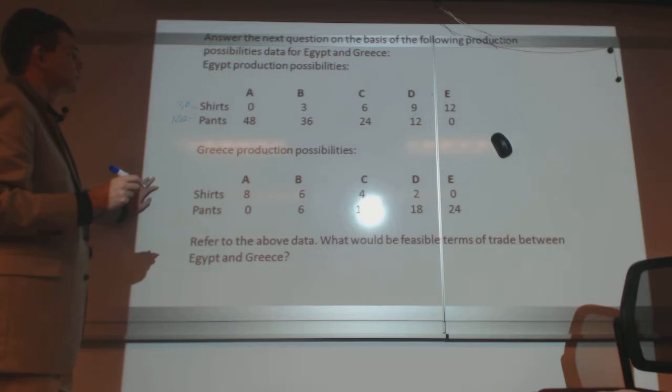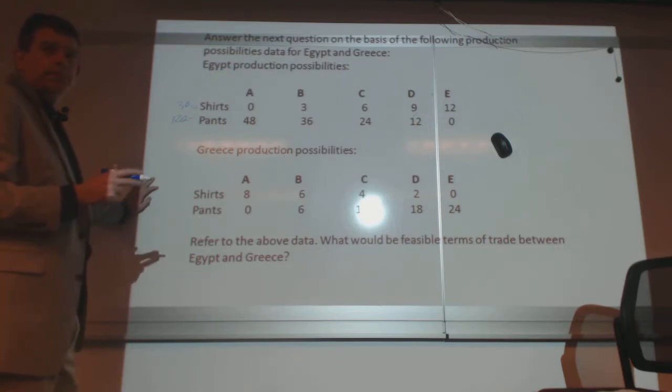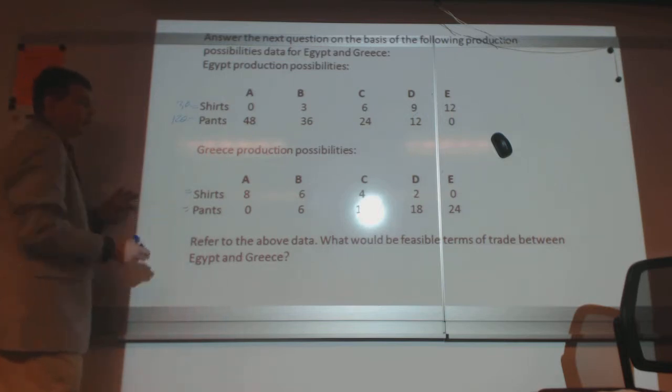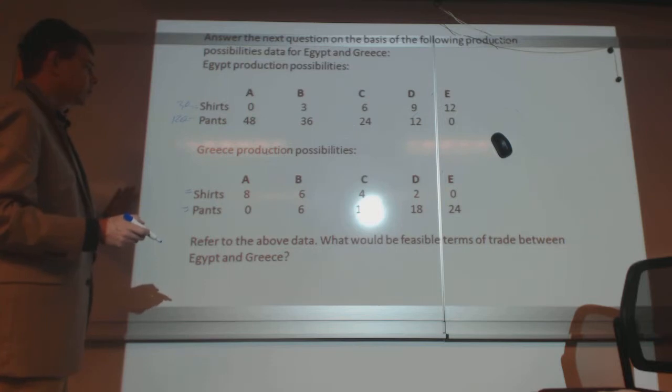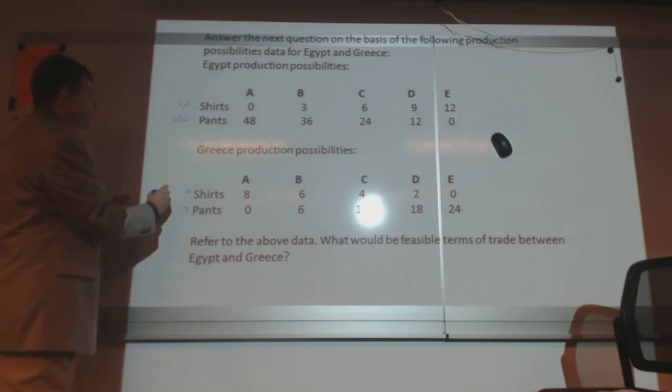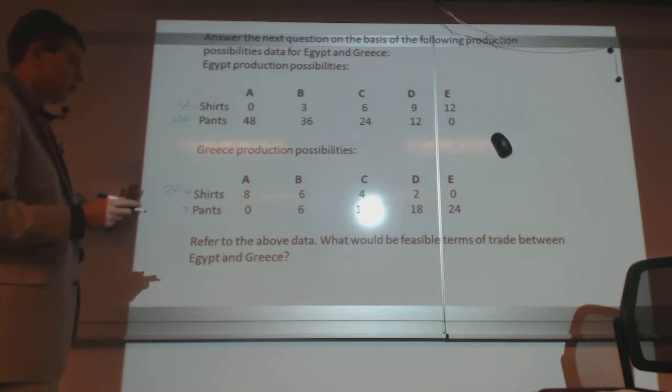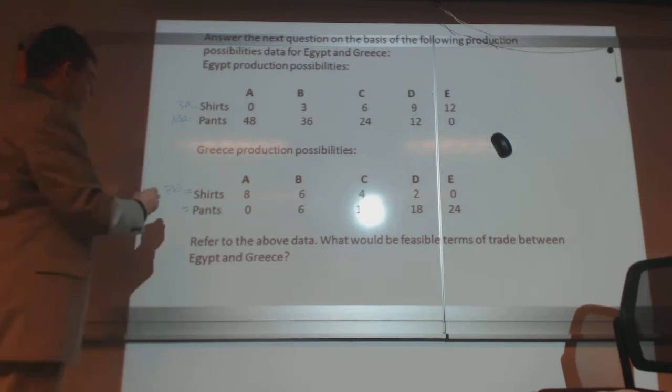Correct? 60, 90, yeah, 120. Now let's do the same for our friends, the Greeks. It looks like 10, 20 shirts, right? And how many pairs of pants do those pesky Greeks make? 60.